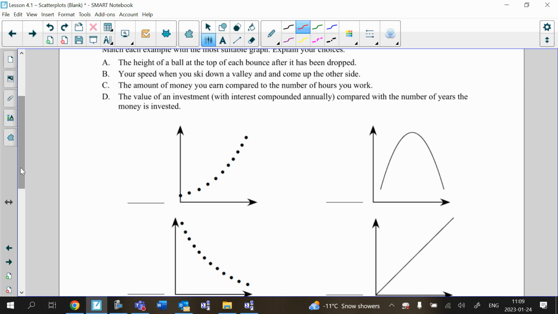I think it would be the third. Because if you think about it, if you drop a ball, it bounces to a certain height, comes back down and bounces to a little bit less. A little bit less, a little bit less. So it's high, little less, little less, little less. So this would be A.